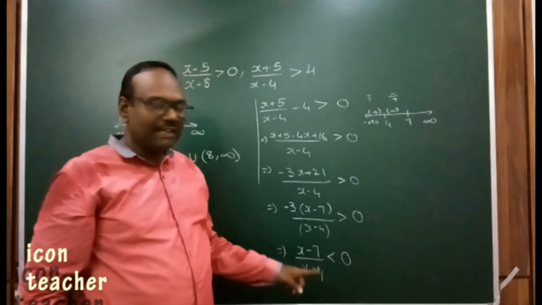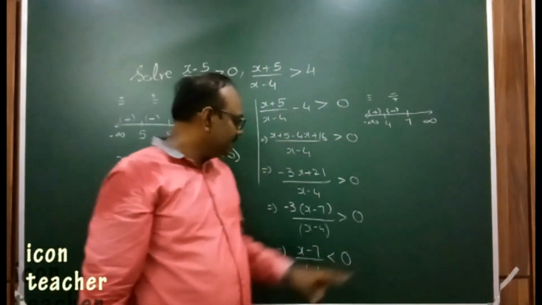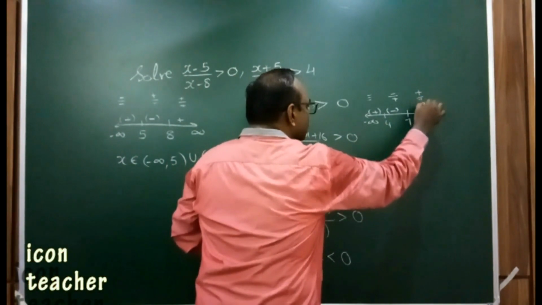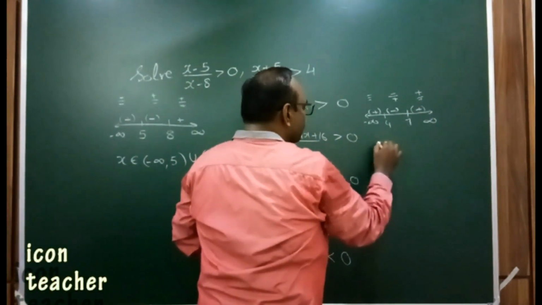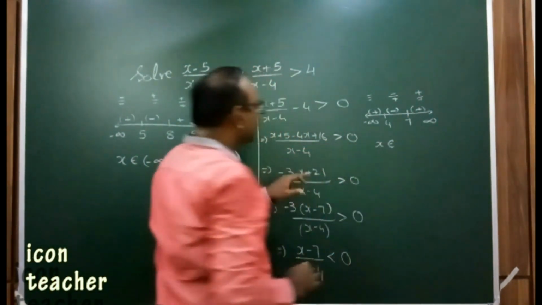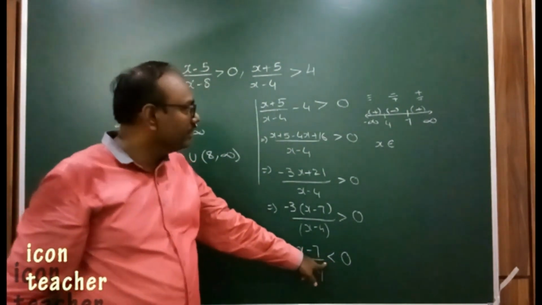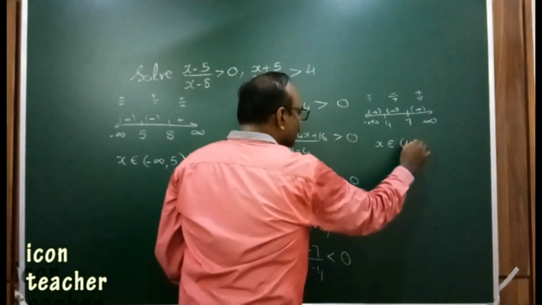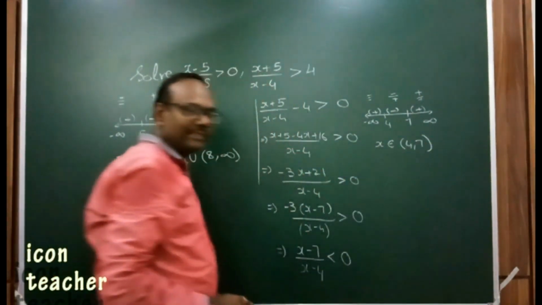Then if you choose any value above 7, say 8, 8 minus 7 is positive and 8 minus 4 is also positive, so we get positive. Since we want less than 0, we have to choose the interval which gives negative. So x belongs to the open interval 4 to 7.